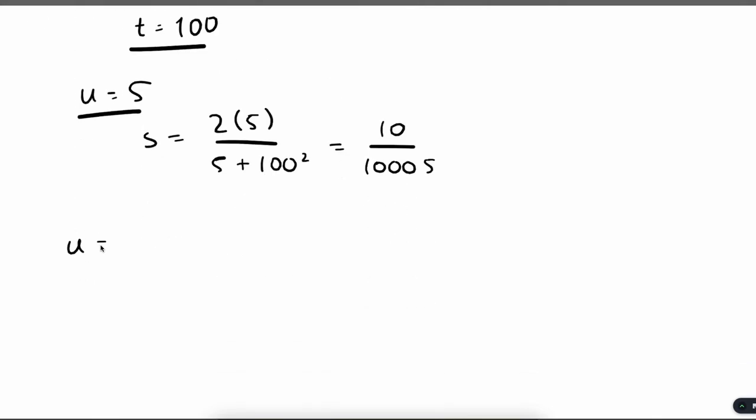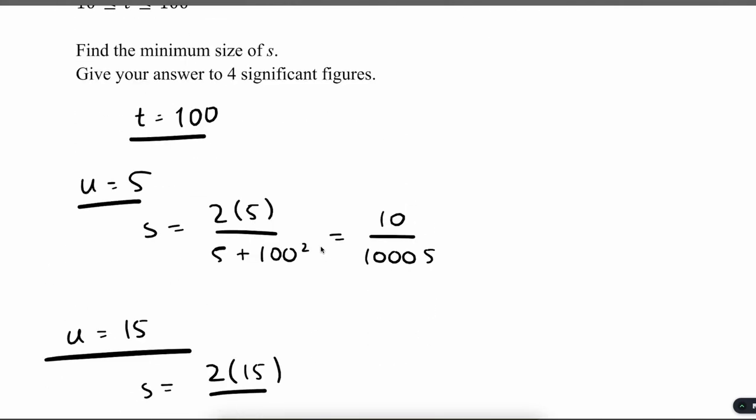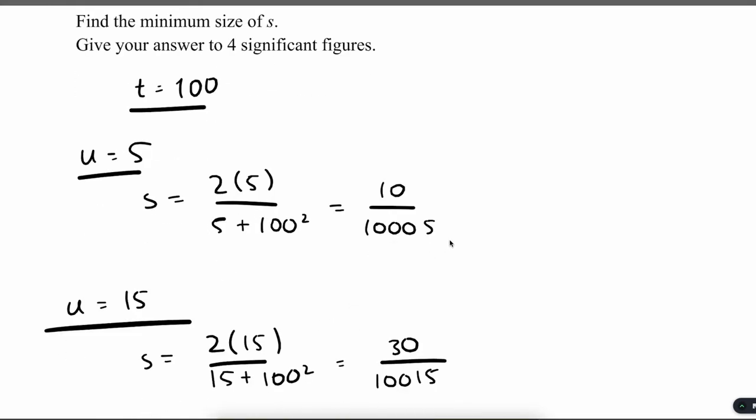Okay, and now we try u equals 15. s equals 2 lots of 15 over (15 plus 100) squared, which is 30 over 10,015. Now, which is smaller out of these?